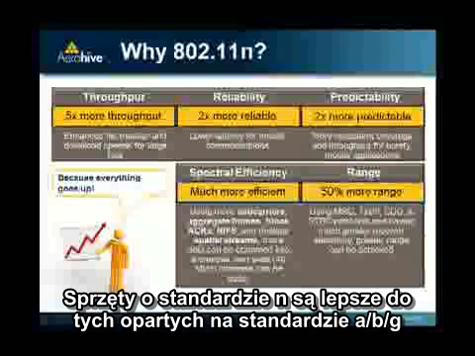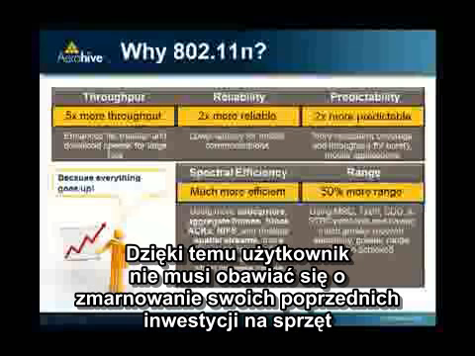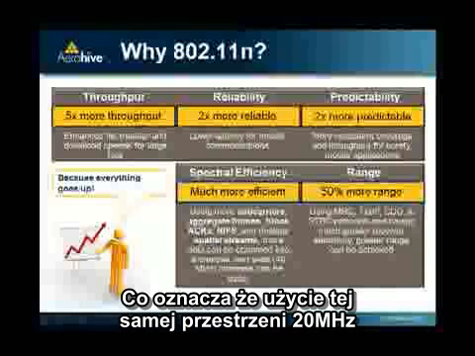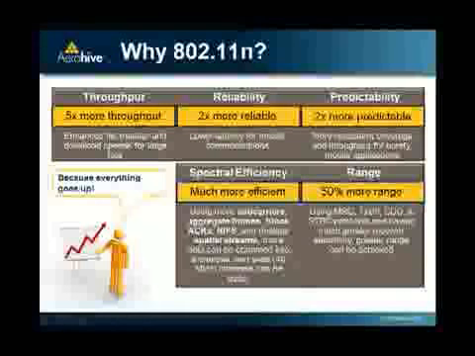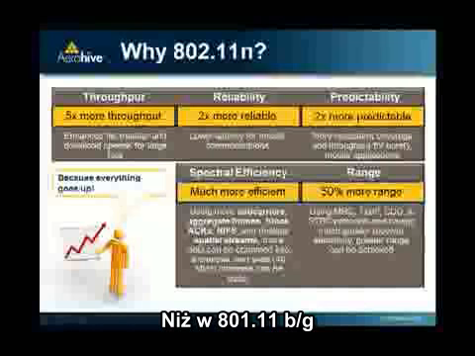802.11n devices offer backward compatibility with 802.11abg devices in both the 2.4 GHz ISM and 5 GHz unibands. This assures that the user's previous hardware investment is not wasted. Spectral efficiency is significantly better with 802.11n, which means that while using the same 20 MHz channel space, an 802.11n connection may have almost 3 times the throughput of an 802.11a or 802.11g connection.